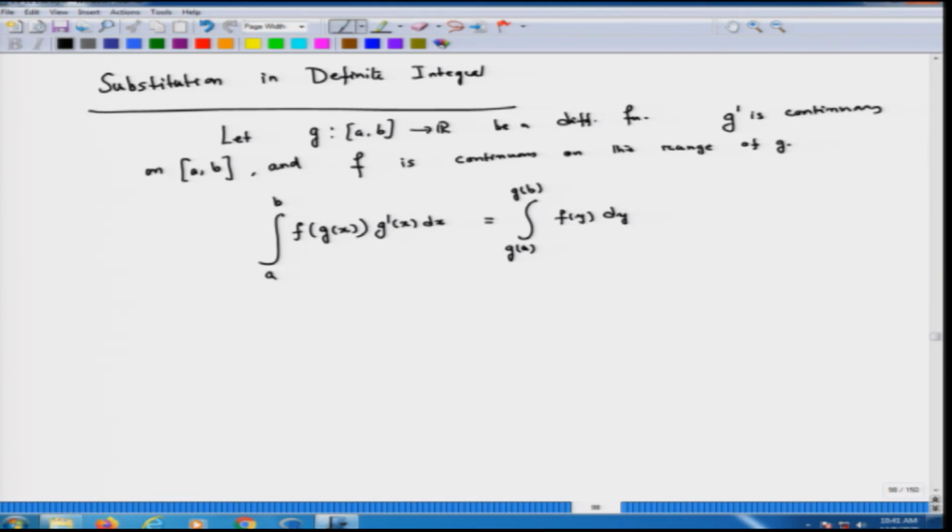The proof is easy and also an application of the fundamental theorem of calculus. As f is continuous on the range of g, which is of course going to be an interval, because g is a continuous map from [a, b], definitely the range is an interval.